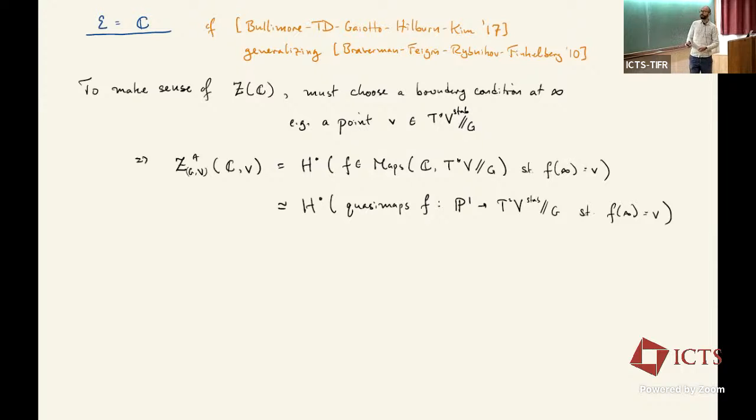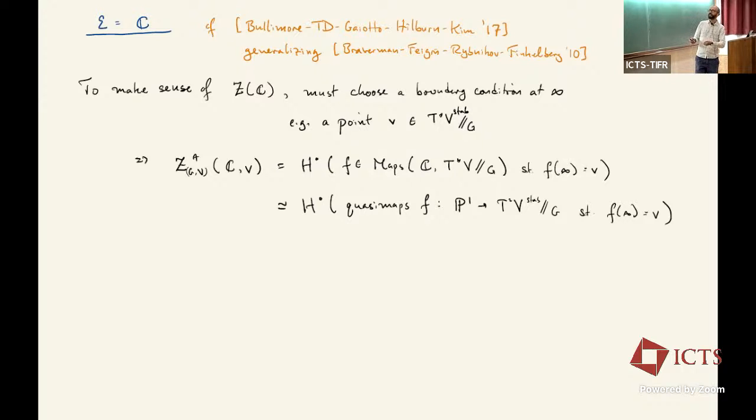And that effectively ends up compactifying the problem and leading to a moduli space of maps from P1 that are base pointed at infinity, where you now have a compact domain, and you just fix what happens at infinity and start looking at quasi-maps.